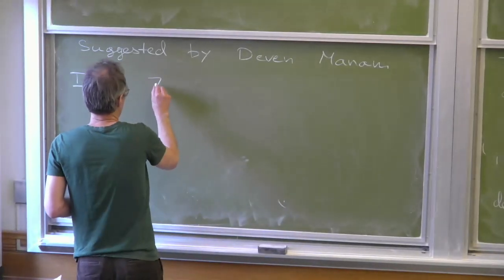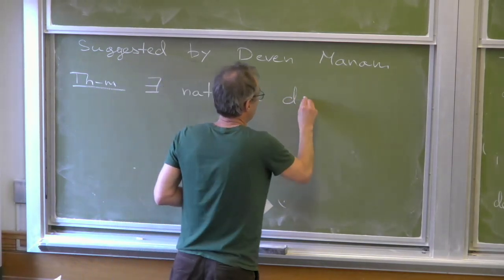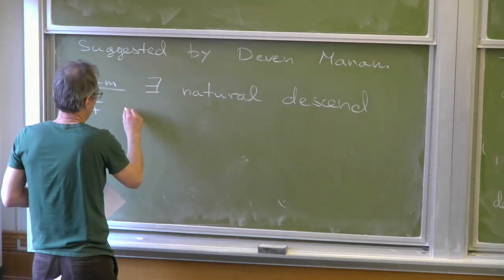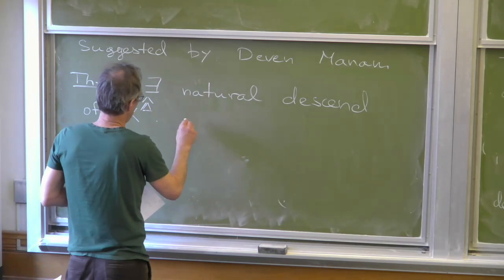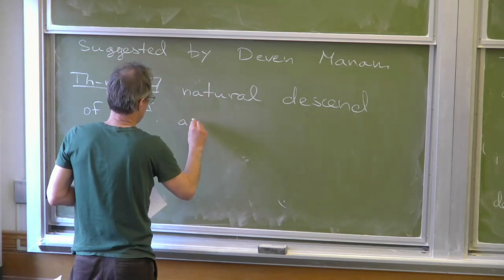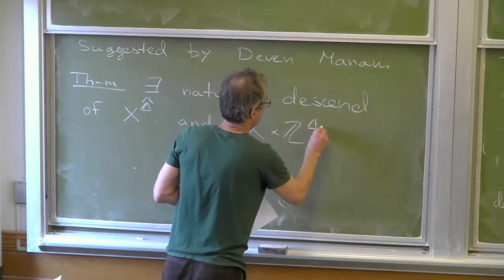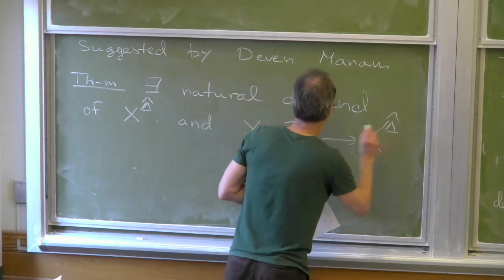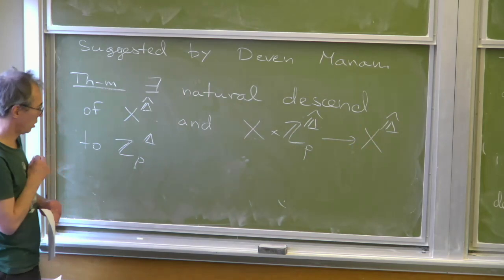The claim is that there is a canonical, natural descent, first of all of X sheared prismatized and also of this map, to the usual prismatization.